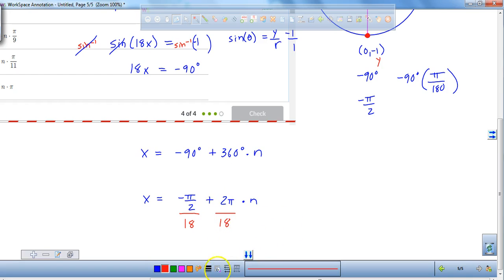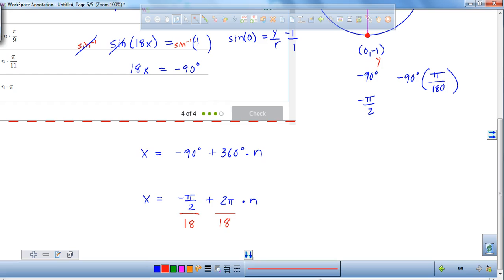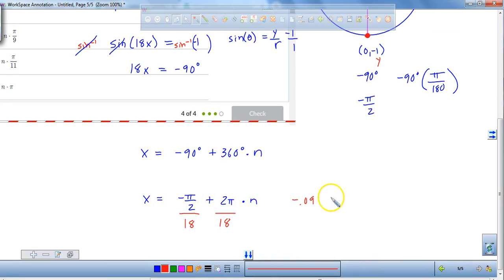We're going to do that over here in the calculator. I'm going to divide that by 18, and I get negative 0.09.